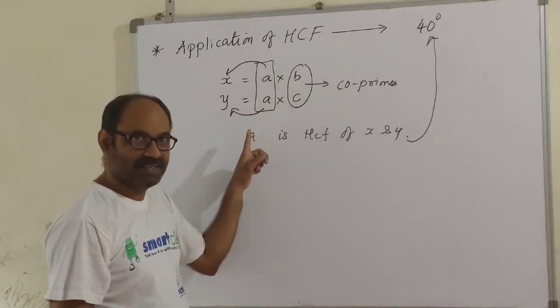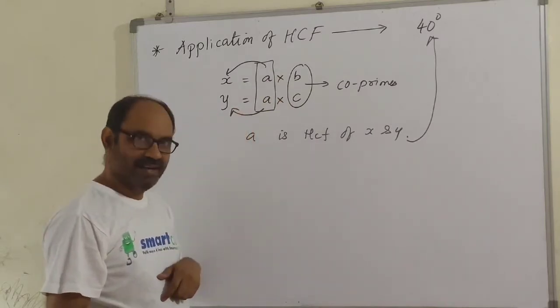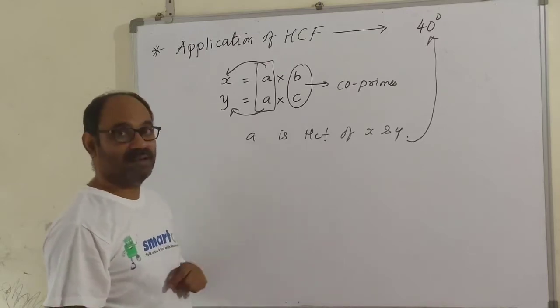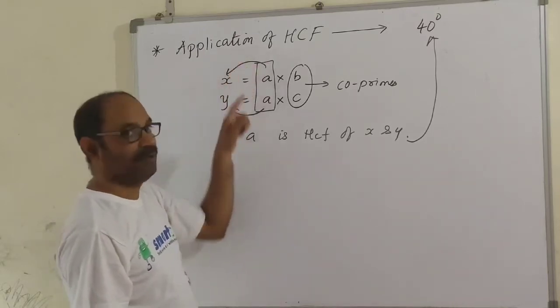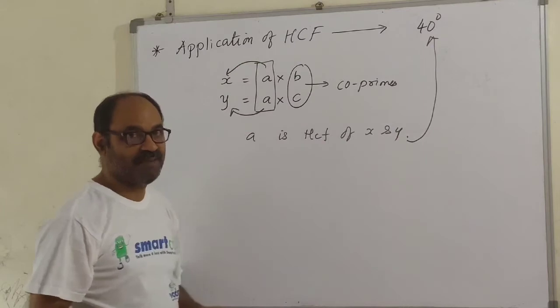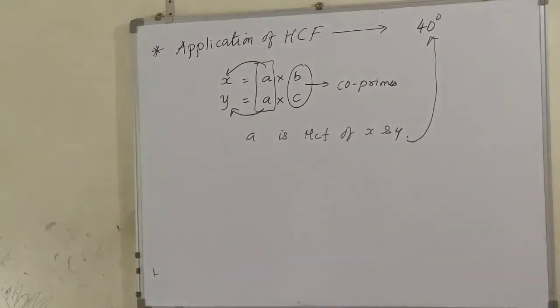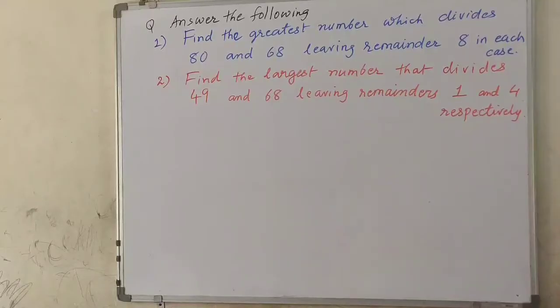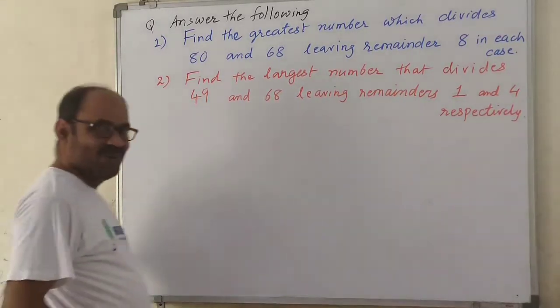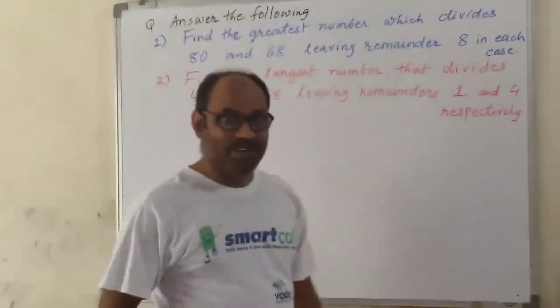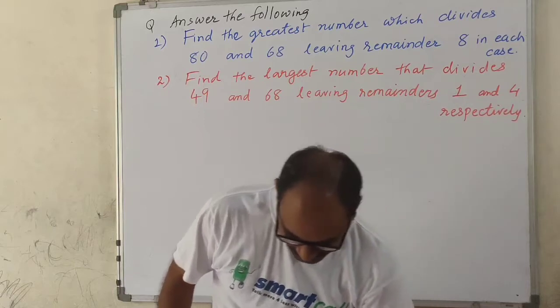We have seen this in previous video. Right? Okay. Now in the next problem or sum, we are going to use the application of HCF. Let's see. Okay. Let's make application of HCF here.